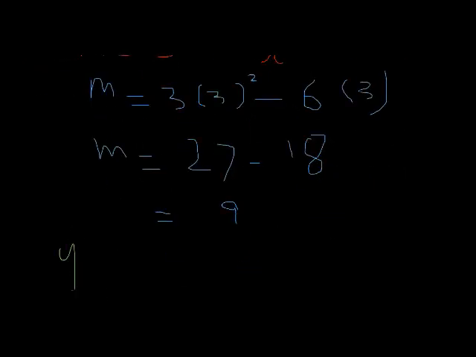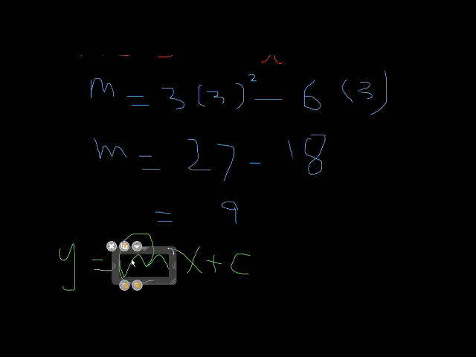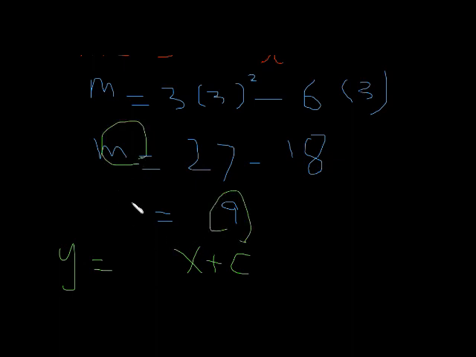Now again, we know that the equation of the straight line graph, the tangent in this case, should be y is equal to mx plus c. Since we have found the m, we'll replace it with 9, which we have already found. So y is equal to 9x plus c.